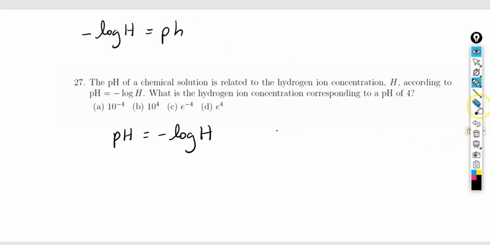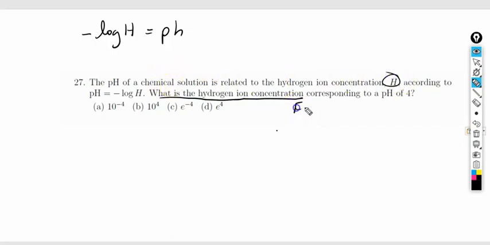Okay, so that's all I've done to that is swap the sides. And this wants us to find, what is the hydrogen ion concentration? Well, that's H. So we're supposed to find H when the pH is equal to 4. So I can refine this equation. This equation now becomes this.